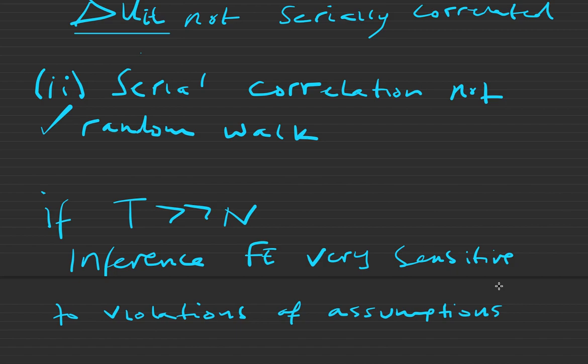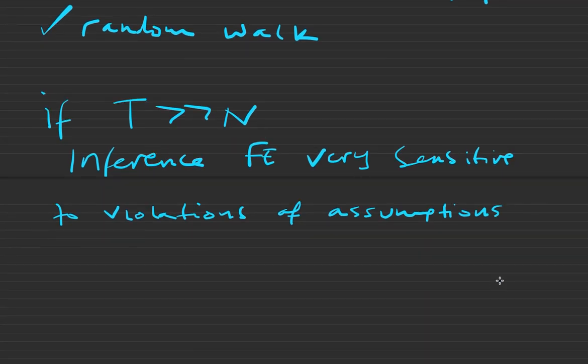So if you have more time periods in your data set than you do cross-sectional units, then inference with your fixed effects could be very sensitive to violation of the classical assumptions.